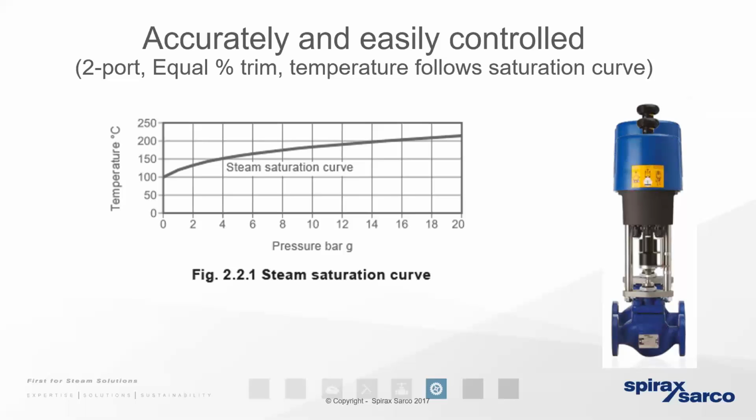So think about the benefits that brings to a steam system compared to a water-to-water process. A water-to-water heat exchanger is going to require a 3-port valve. Can't use a 2-port valve because water doesn't give up its heat energy by condensing. And it means that we therefore need to divert any energy that isn't required by the process away from the heat exchanger.